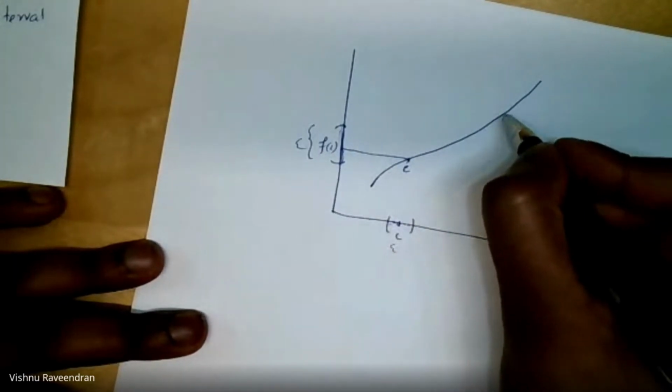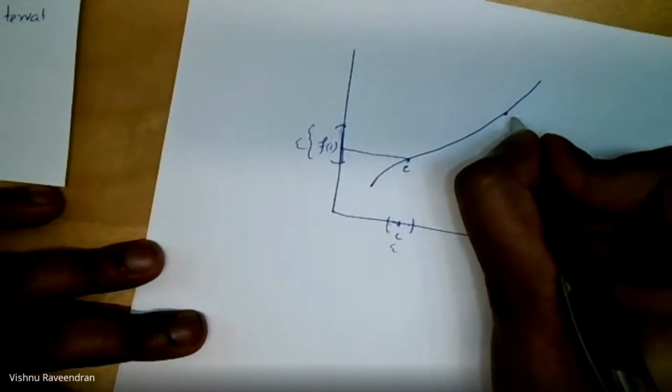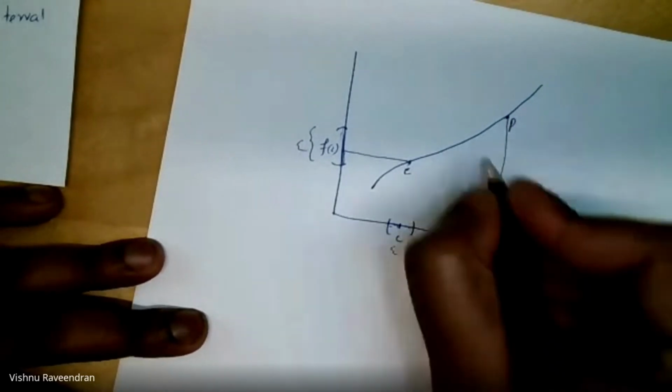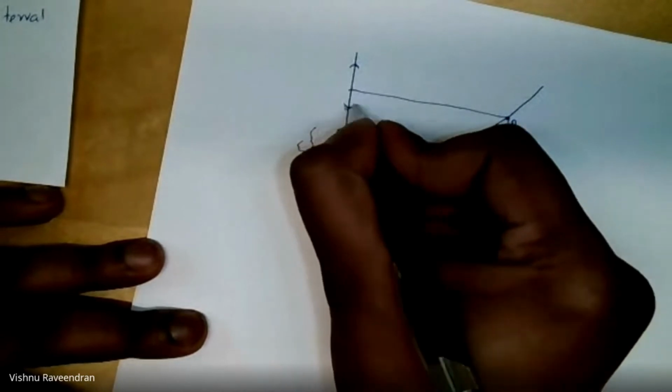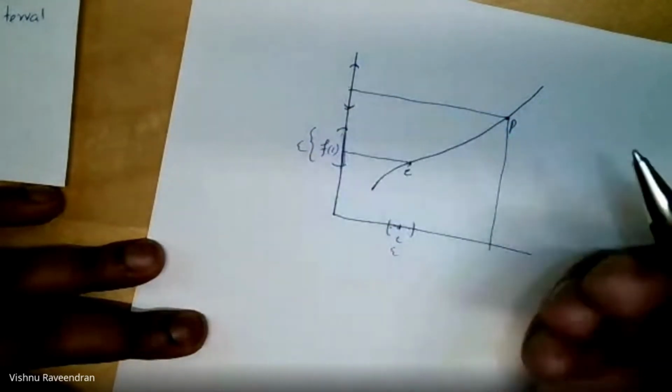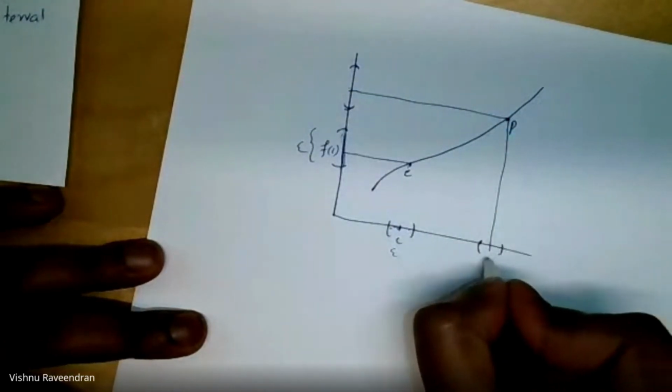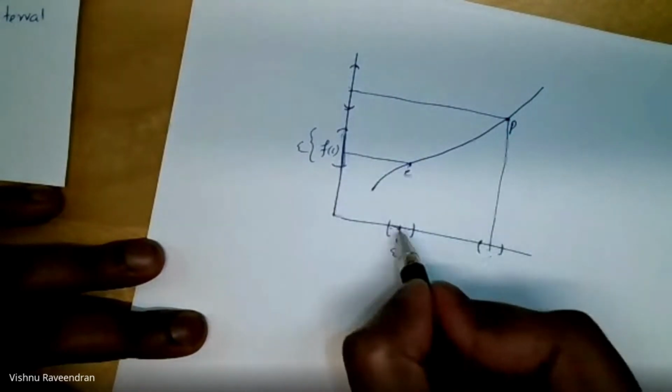So assume you have continuity at some other point, some P, and you choose the same epsilon neighborhood here. By continuity, you can always again find a delta neighborhood here, satisfying the similar condition.